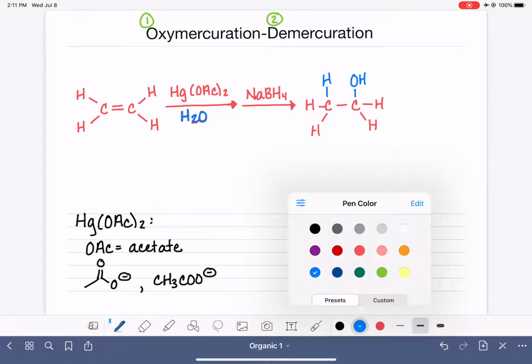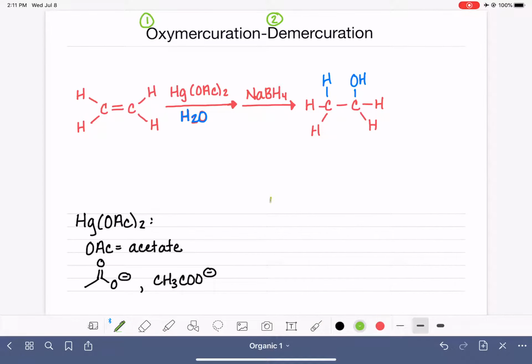The conditions of this reaction: first of all, it is a Markovnikov reaction. So that helps us predict the correct placement of the hydrogen and the OH group that are being added to the double bond.